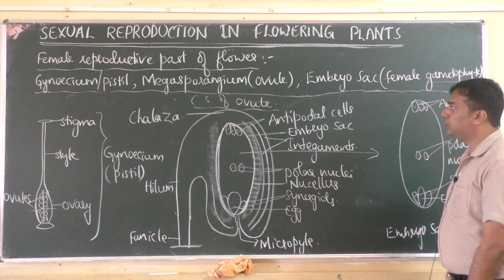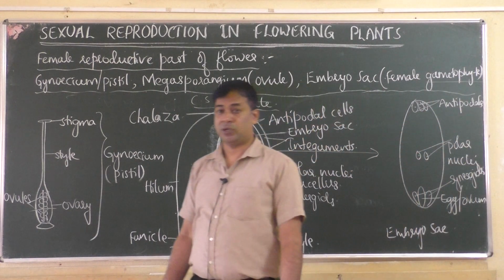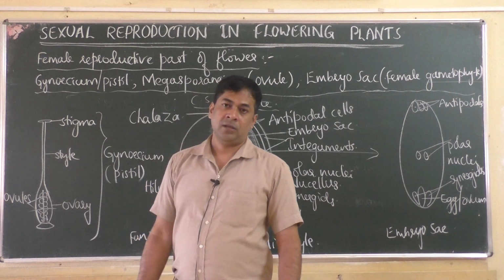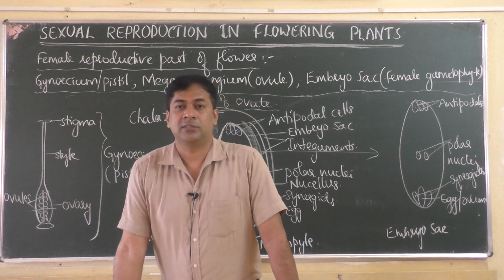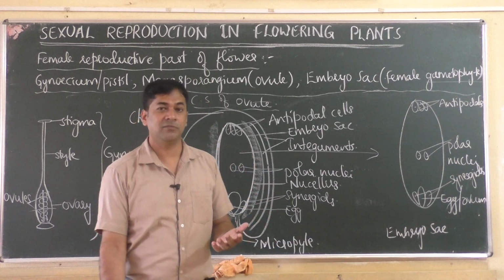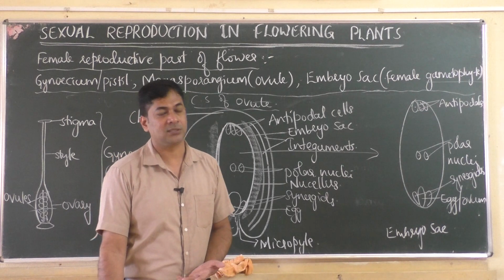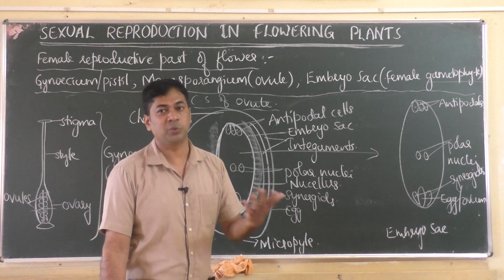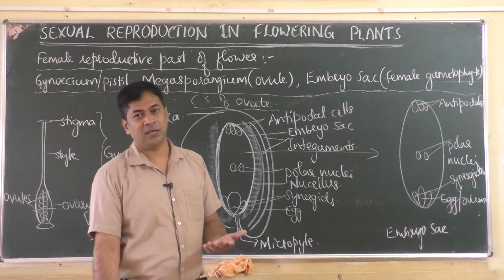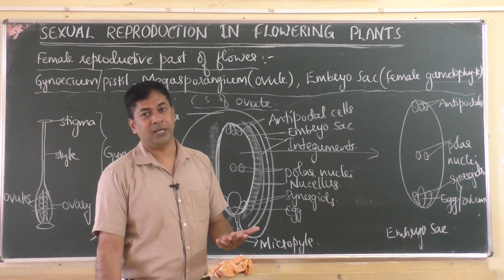Now we are going to learn megasporogenesis. You already know this word. The word genesis means formation. So sporogenesis means formation of spores, and megasporogenesis means formation of megaspores. Like you have already learned microsporogenesis.